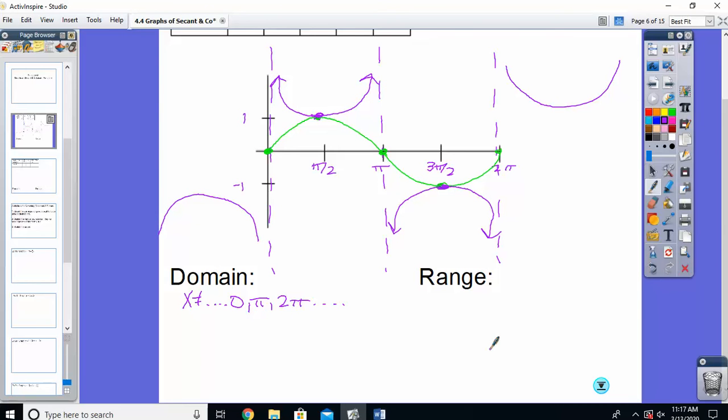It's kind of the opposite of sine. Sine hits everything between negative 1 and 1. Cosecant does the opposite. It hits everything from negative infinity until negative 1, union everything from positive 1 to infinity.